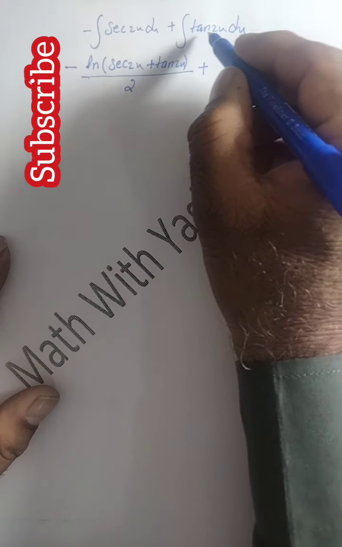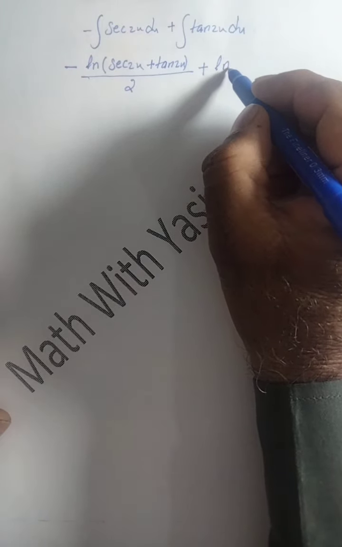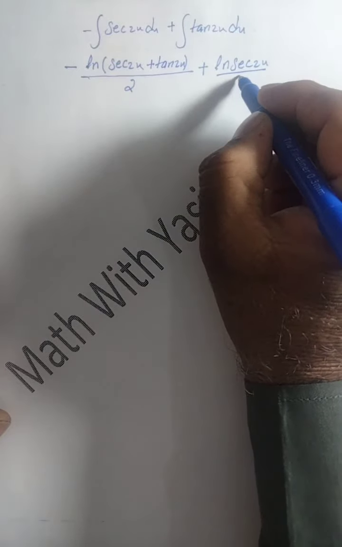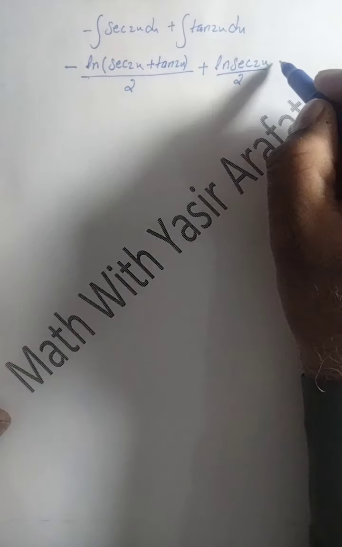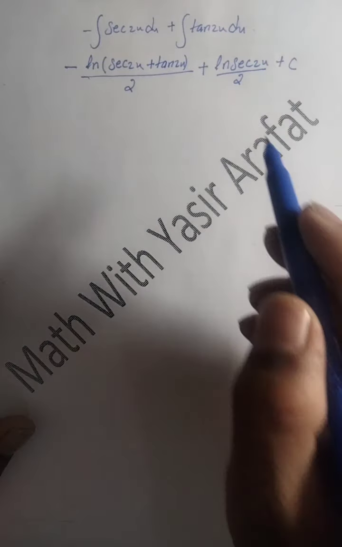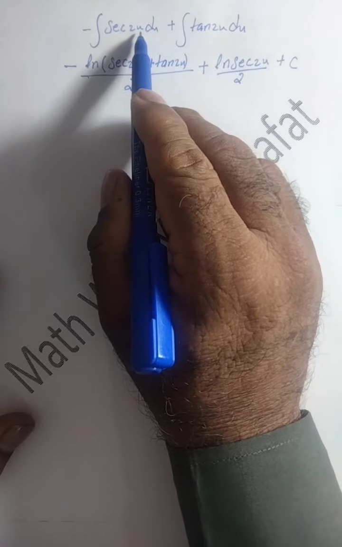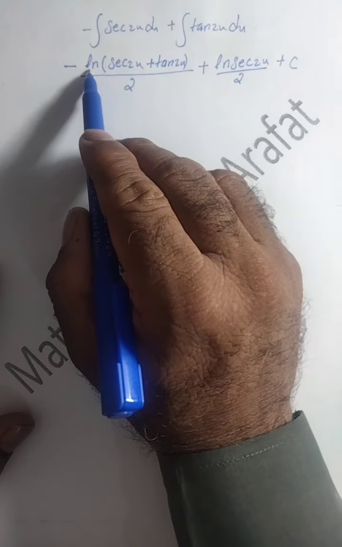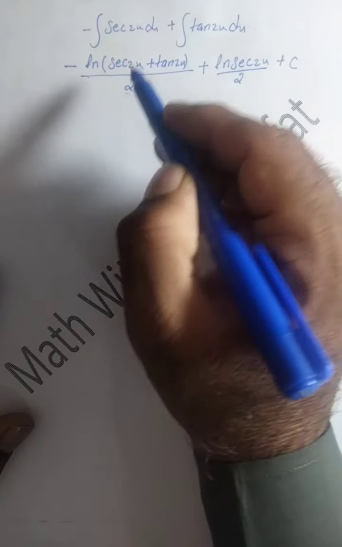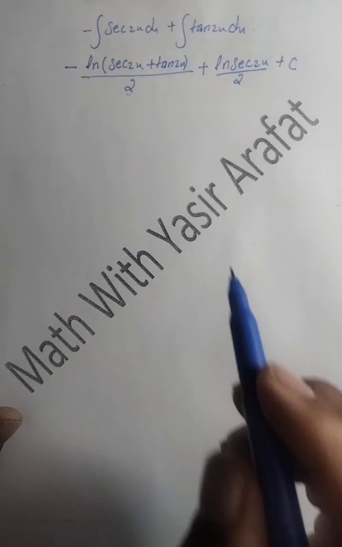Similarly, the integration of tangent 2x is ln sec 2x, again divided by the constant which is given with the angle, plus c. So here for sec 2x, we have the integration formula ln sec 2x plus tangent 2x divided by 2. We divide by the constant given with the angle of the function.